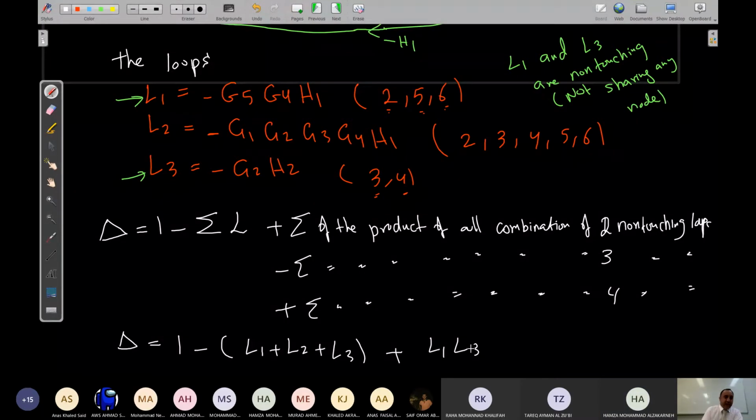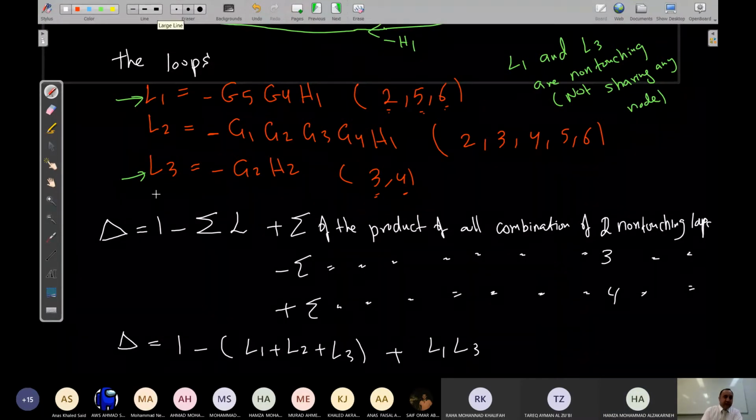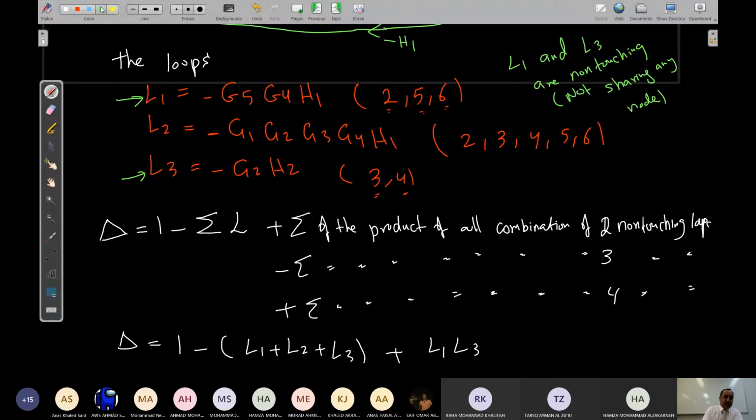Correct. Now, if I need to find the value of the determinant, and remember, the determinant is actually the characteristic equation, correct?